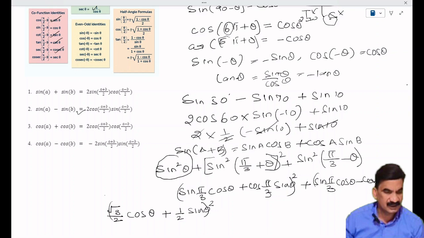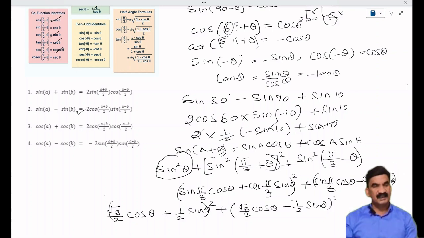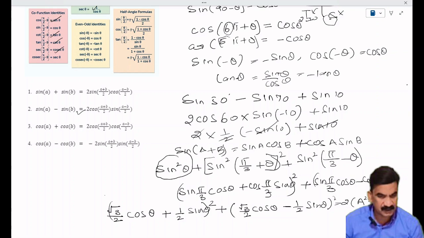And these two terms will be squared, plus, again the same thing with a negative sign, root 3 by 2 cos theta minus 1 by 2 sine theta, whole squared. Don't you think it's (a plus b) whole squared plus (a minus b) whole squared, right? And the cross terms will cancel, and what I'm going to get will be 2 times (a squared plus b squared). This is what the result will be of this identity.